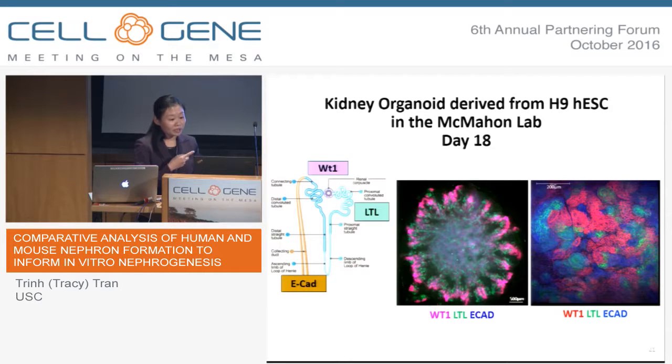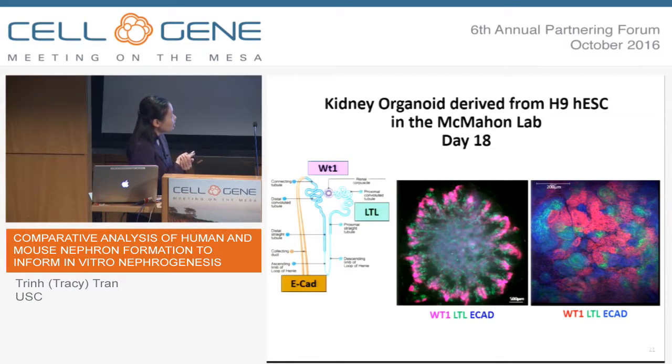So we employ that protocol in our lab by using human ES cells instead of iPS cells. Our first attempts are very promising, as we see cells that are positive for WT1, LTL, and ECAD forming very distinct structures in our organoid.